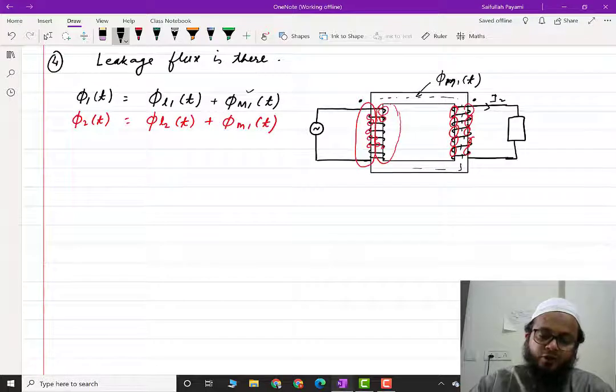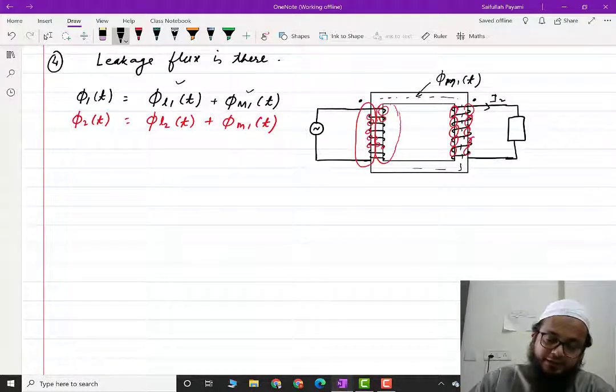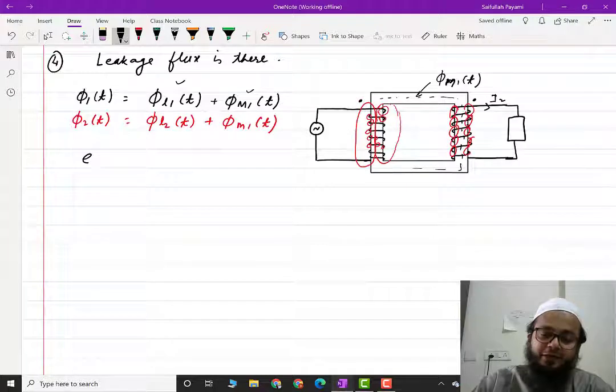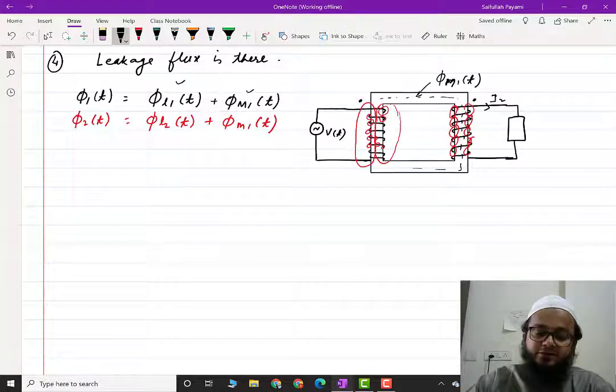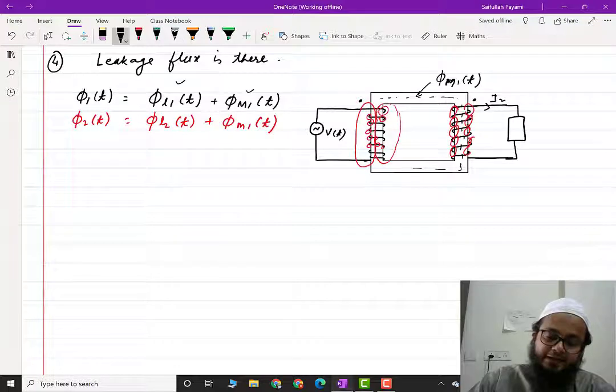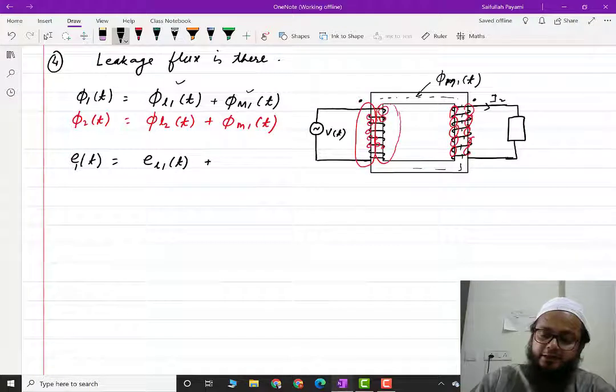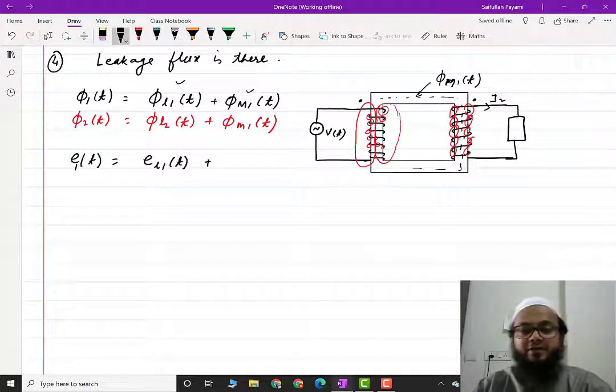Even this flux is time varying and it is linking the same coil, so there would be an induced EMF. In terms of voltage, because of this phi 1t is E1t, because of the leakage flux is EL1t, and let's say this is the main voltage which is induced in the coil after the leakage flux.